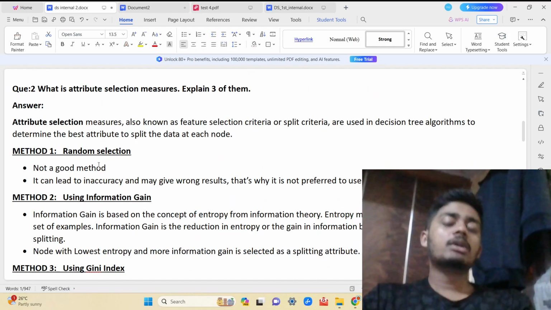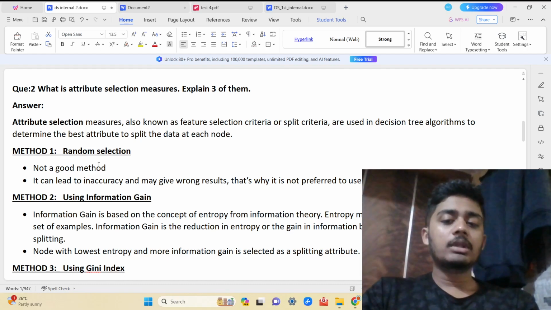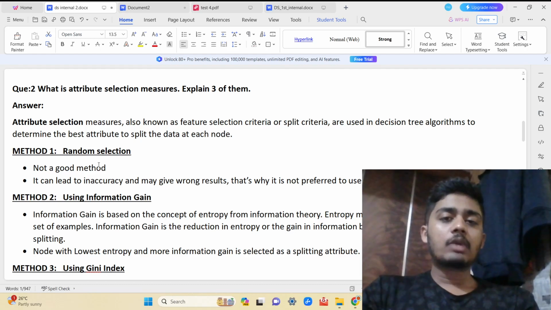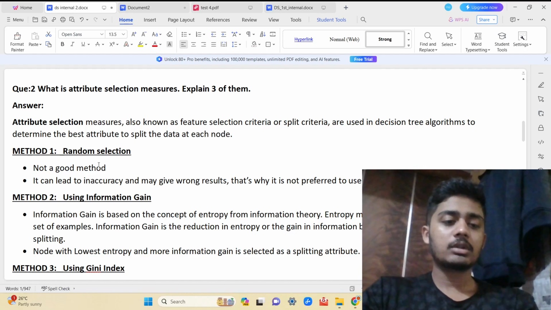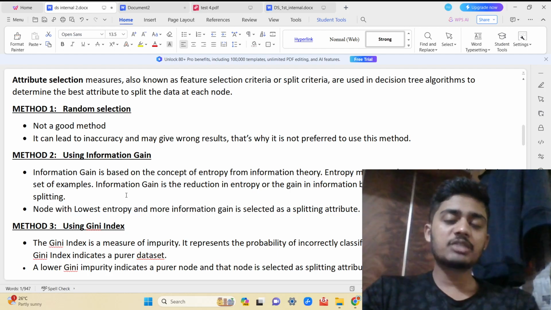The second method is using information gain. It is based on the concept of entropy. First we calculate entropy, and then information gain is the reduction in entropy, or gaining information by selecting a particular attribute for the splitting. The attribute with the lowest entropy and more information gain is the splitting attribute.